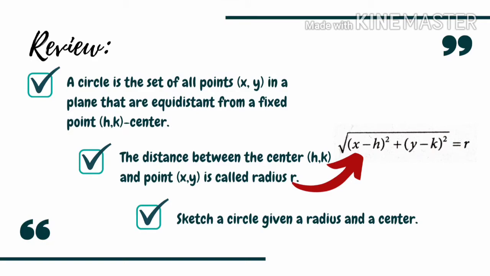We have this formula for finding the radius of a circle given the center and a point on the circle: the square root of (x minus h) quantity squared plus (y minus k) quantity squared, where x and y are from the point on the circle and h and k are from the center. Lastly, we sketched a graph given a radius and a center.